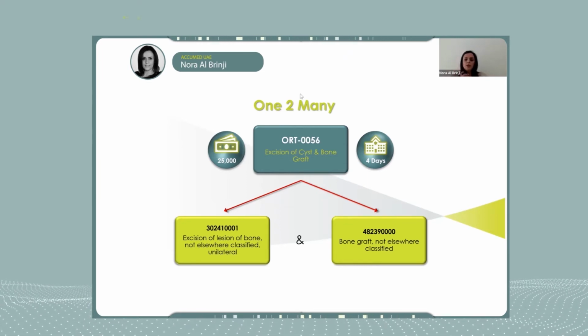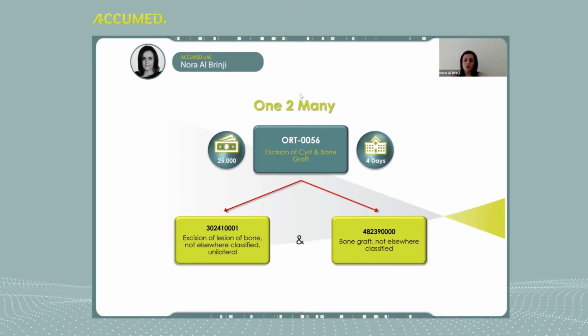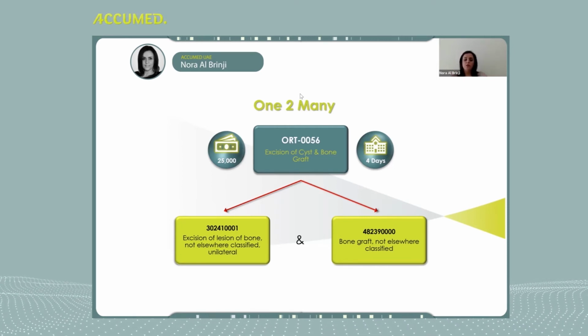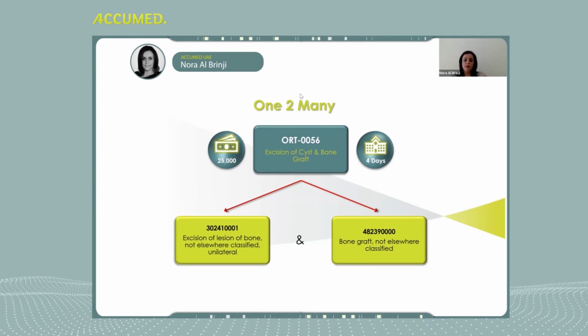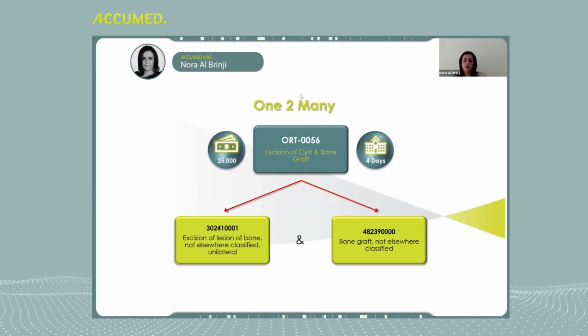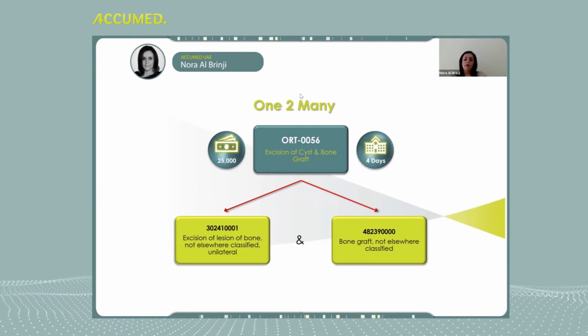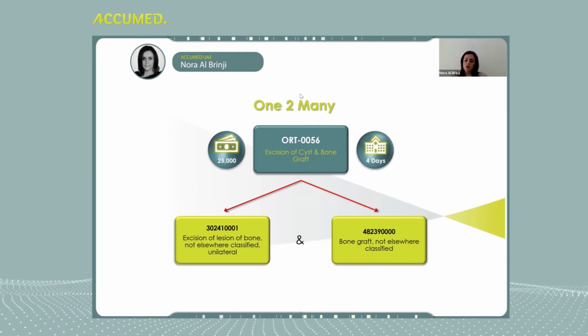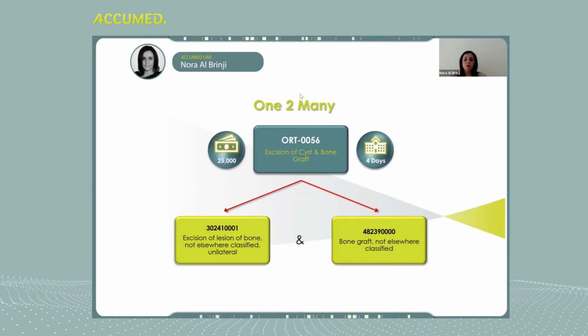So we have to build this one service into two different codes, one for bone graft and one for excision of lesion of bone. The length of stay for this service as per the hospital when we were working with them is 4 days, and the price for it is 25,000 Saudi riyals.